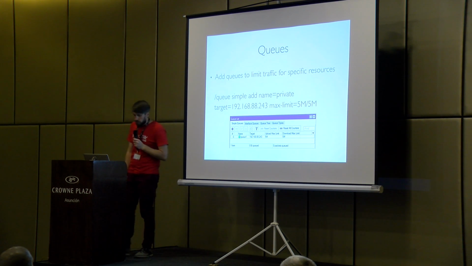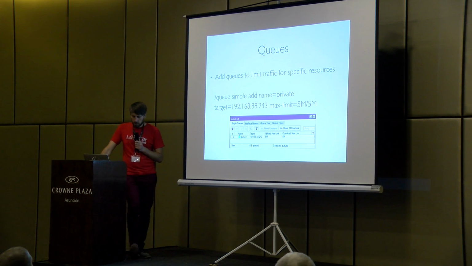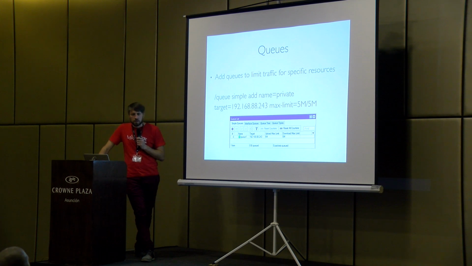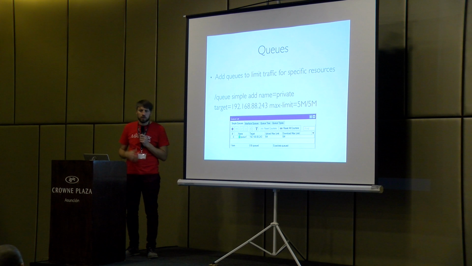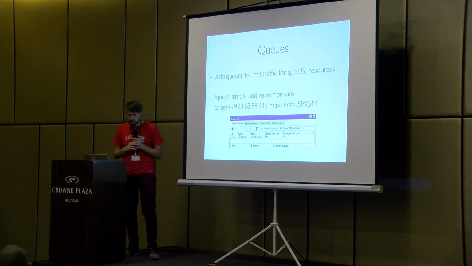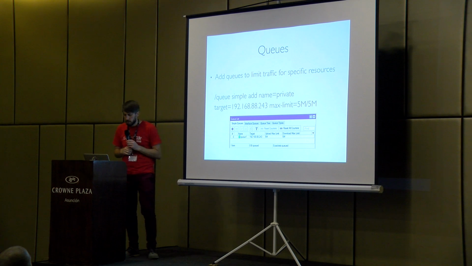The next important part of MikroTik routers is queues. We have simple queues and Queue Tree. It's the way you can limit the bandwidth for clients. In most cases, we have more clients than we have bandwidth, and queues offer you wide opportunities to apply limitations.